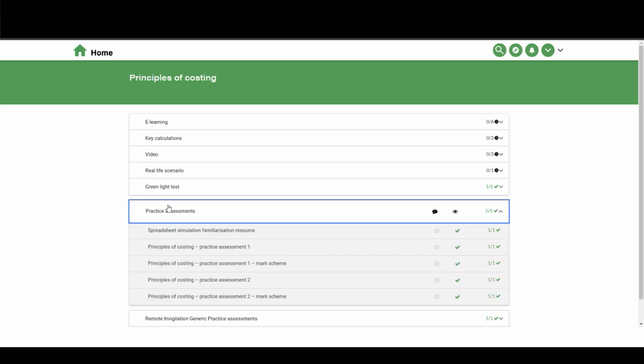principles of costing. So today I'm going to take you through the principles of costing practice assessment 2. Just a note really about using these practice assessments. I'm sure you're all used to using the practice assessments by now, particularly if you've already done the bookkeeping units.